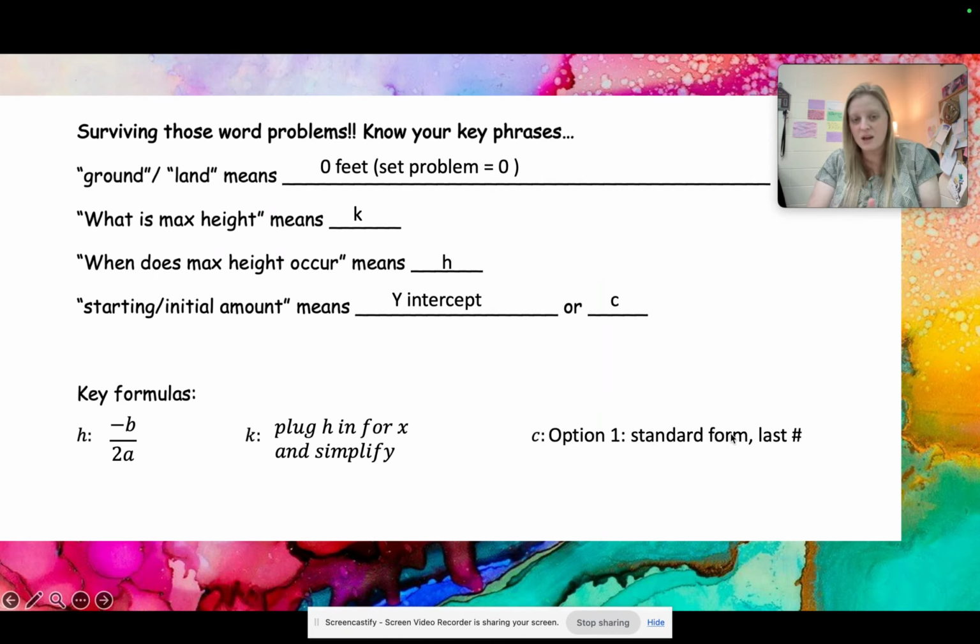You have A, B, C in that order already. So it's actually just going to be the last number. Your other option is just to plug 0 in for X and then simplify. So you can always do that as well. So there's 2 ways that you can get C.